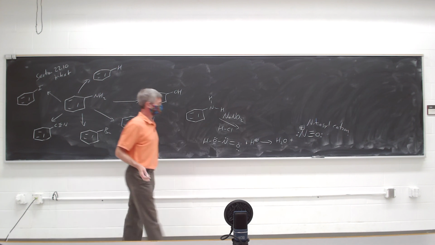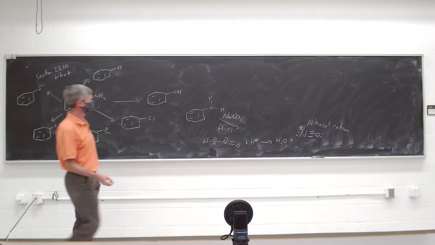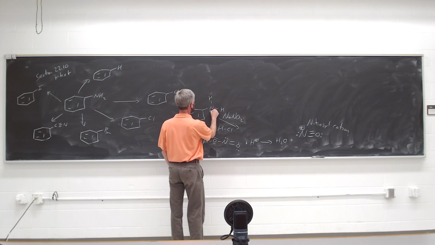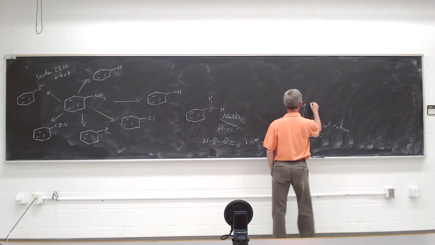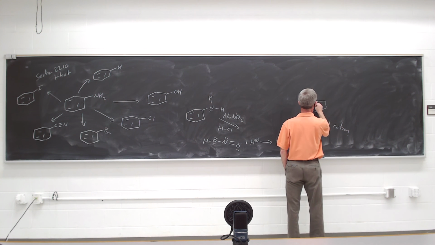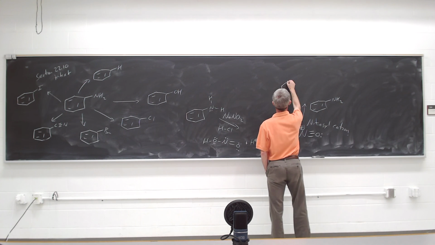That nitrosyl cation will react with the benzene ring to put a nitroso group on the benzene ring, but that nitrosyl cation will also react with the amine to form a diazonium salt.